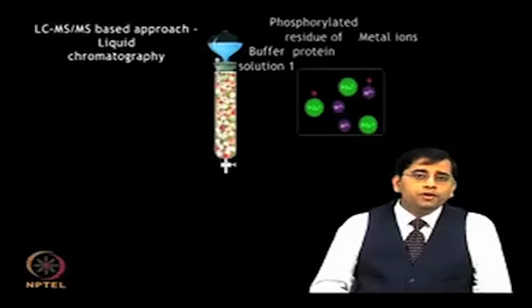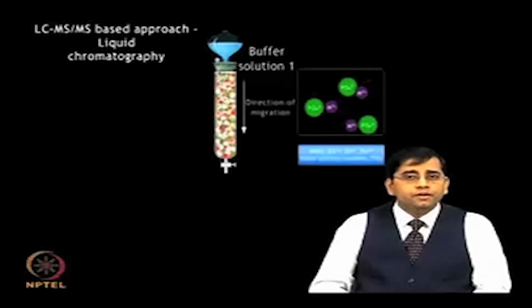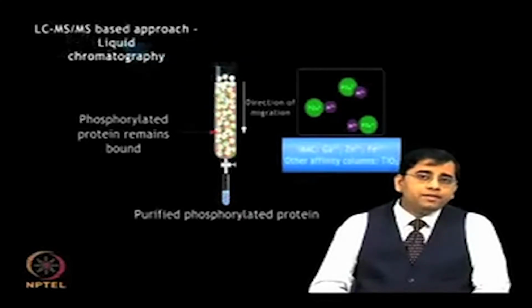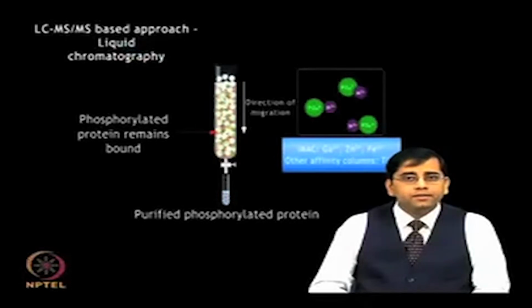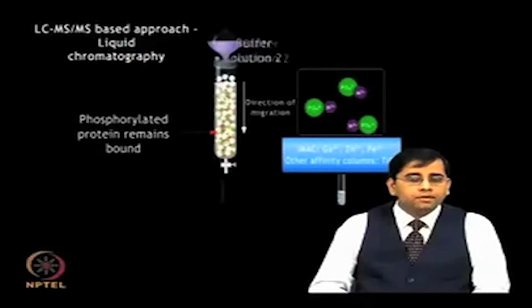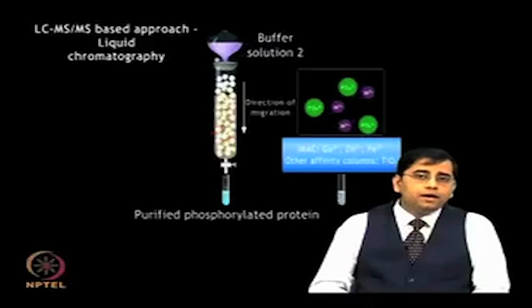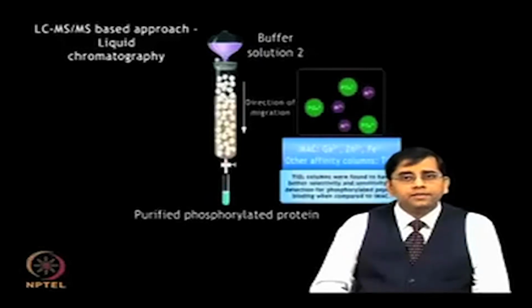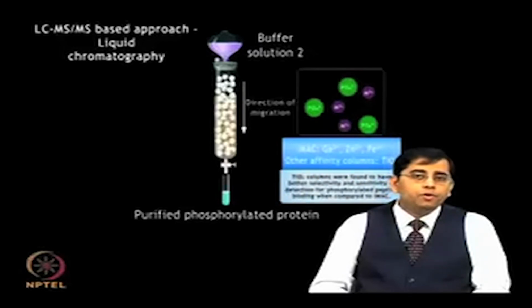The IMAC chromatography columns containing ions such as zinc, iron, and titanium dioxide specifically chelate the phosphorylated proteins. The unwanted proteins are removed by washing the column with a suitable buffered solution, after which the phosphorylated protein of interest can be eluted out by modifying the buffered solution.